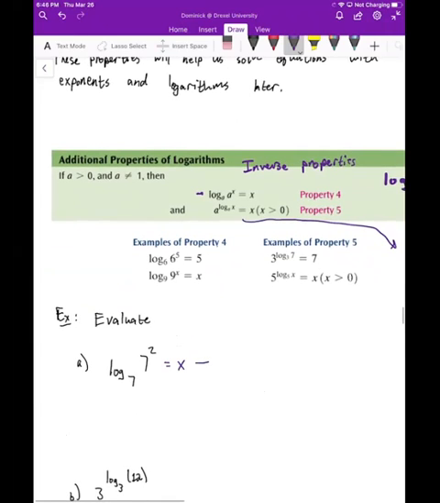Well, if we see it sort of in slow motion, you can see that the answer is going to be 2 by these properties. But if you don't believe that, just convert it to exponential form. And you would say, well, 7 to the x is 7 squared. And if 7 to the something is equal to 7 to the something, then those two somethings better be equal. So then we get x is equal to 2 here.